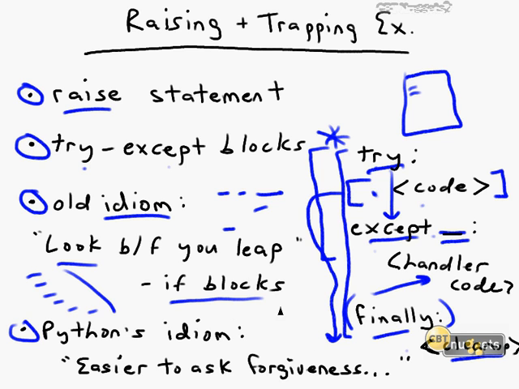In other words, we want to plunge ahead, not being completely reckless, because we do have try, except, and finally. But instead of being ultra careful and conservative with this look before you leap idiom, we're going to go ahead and try to do some work in our Python programming, and then if something goes wrong, we can take care of that with an except statement.